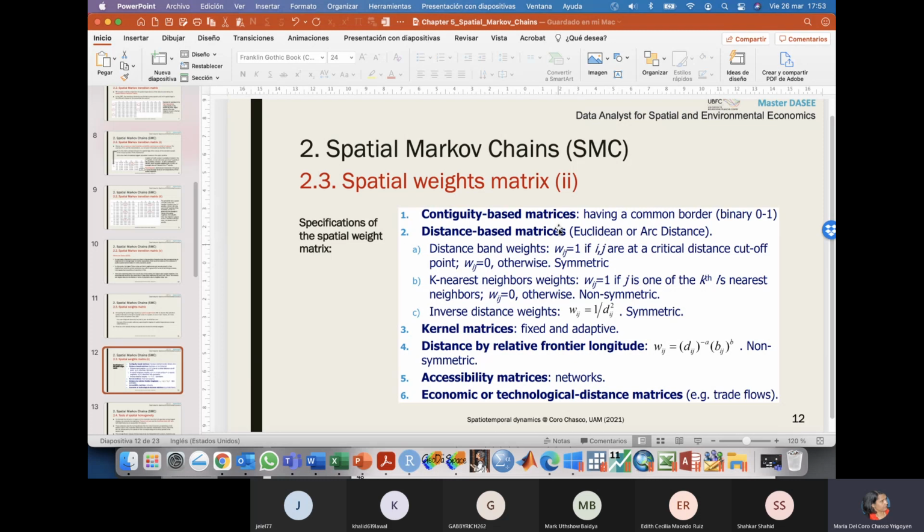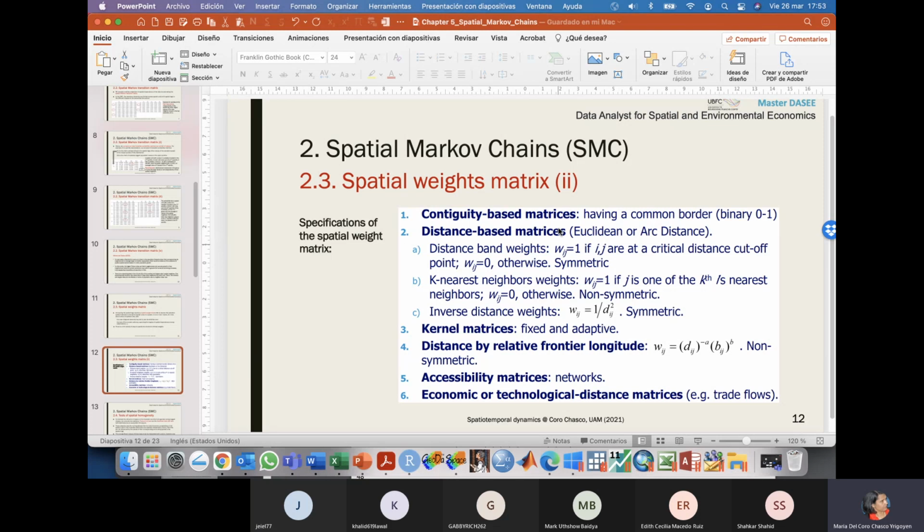So we consider the arc distance. Sometimes it is very similar to the Euclidean one, but the arc distance considers that the Earth is spherical, and it's the distance measured as an arc. Sometimes, if you are working with European regions, I recommend using the arc distance.